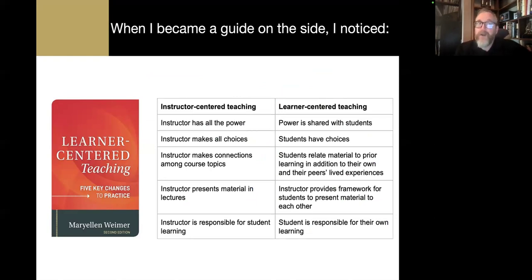But I began to notice that this learner-centric instructional approach provided outcomes that I value, and I bet you value too. I noticed that students felt more empowered, particularly when they have some level of choice or agency. I noticed that rather than simply regurgitating what I told them to memorize, students were much more likely to relate the content to prior learning in addition to their own and their peers' lived experiences.